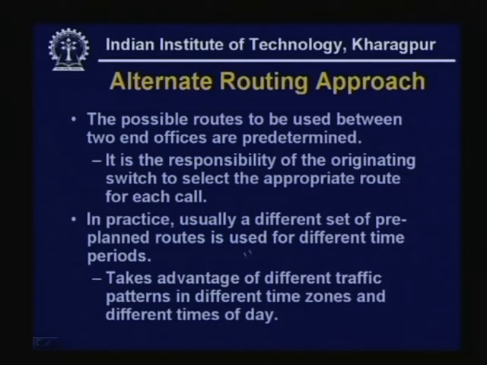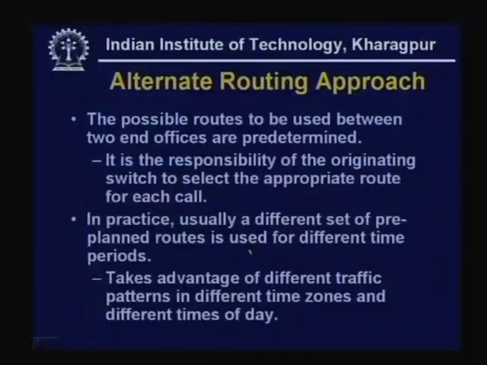This is more appropriate in the USA. For example, it has different time zones, and based on different time zones the office hours are different in different places. So, accordingly the routes can be set up in a predetermined manner, and the routing can be done depending on the date, time and hour of the day.